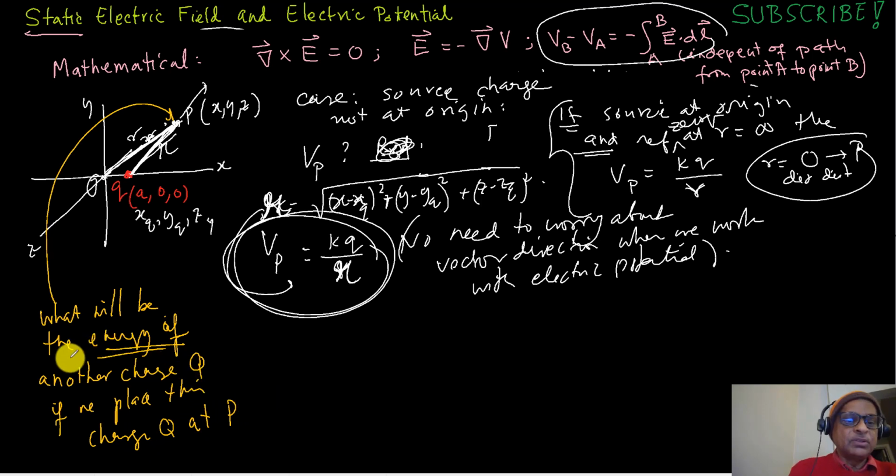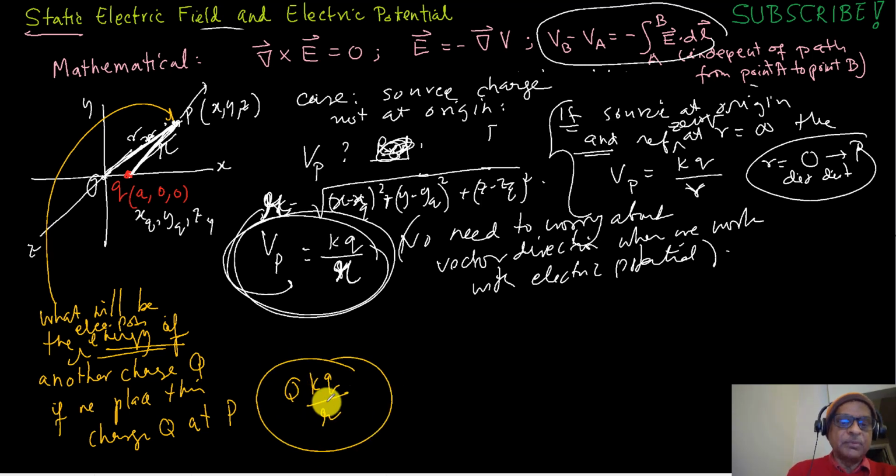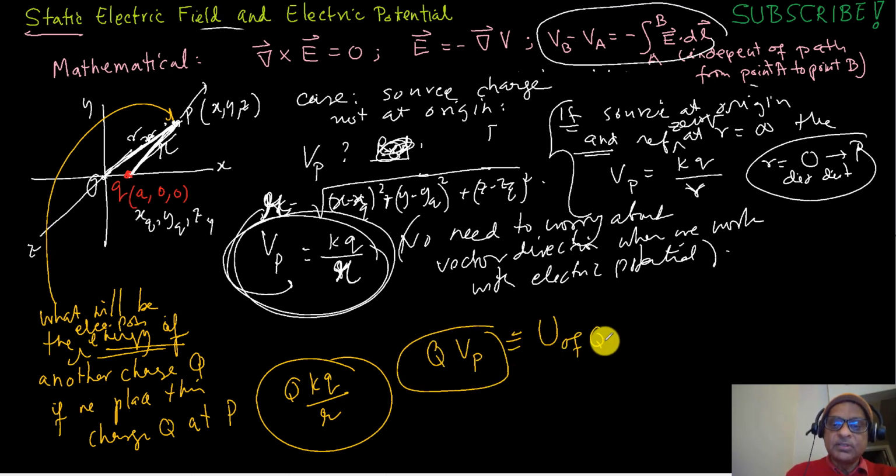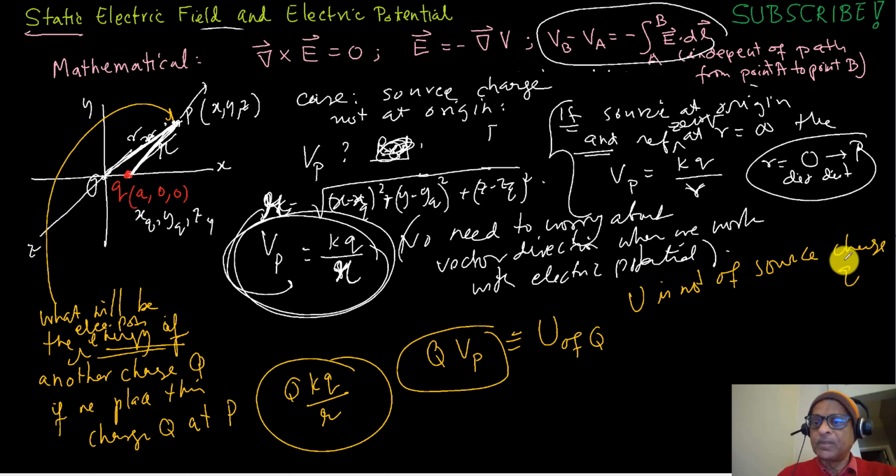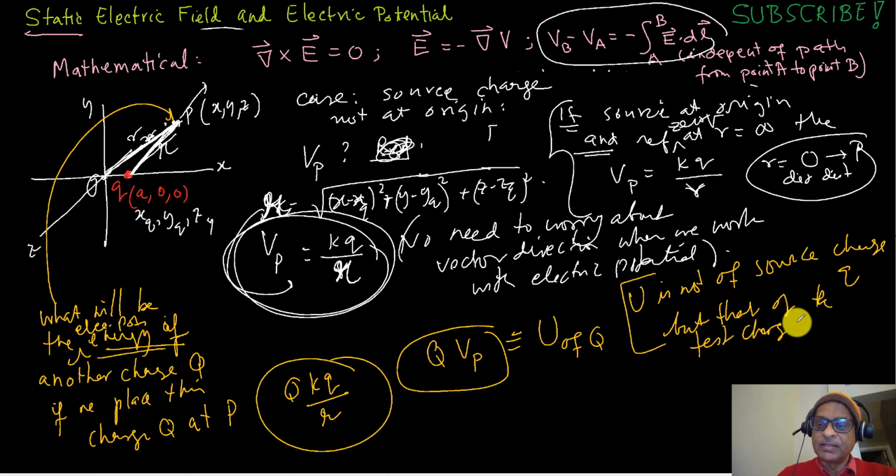What will the electrical potential energy be? That will be q times kq over r, because I can multiply q with the V of P to get the energy. So this is the energy of this charge. U is not of the source charge q, but that of the test charge q. That's how we deal with it.